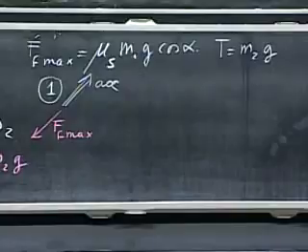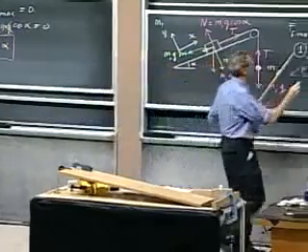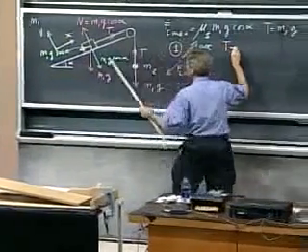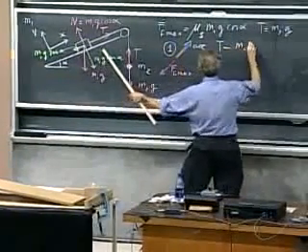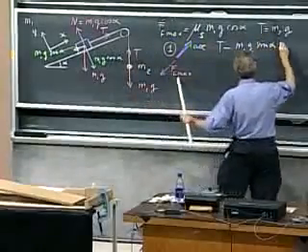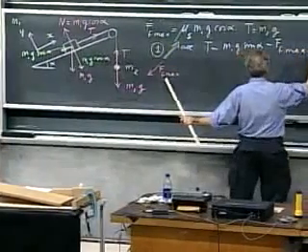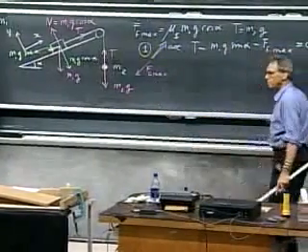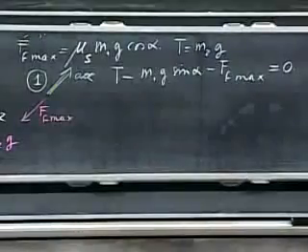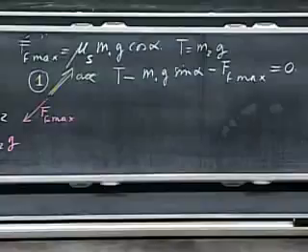Now I can write down in the x direction Newton's second law. Now I have T, which is in the positive direction, minus m1g sine alpha, minus f max. That now has to be 0. Just at the moment that it is just about to change its mind and start accelerating.